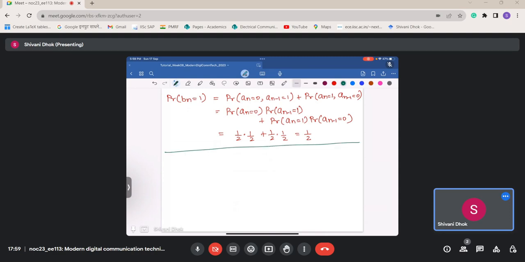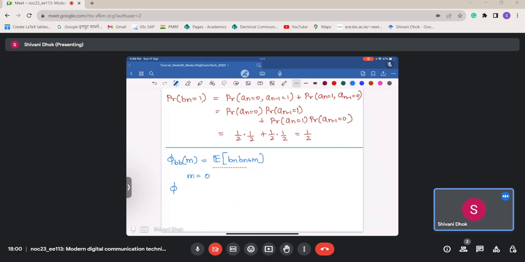Okay. Now let us go back to this phi_BB of m. And this phi_BB of m was simply expectation of b_n into b_{n+m}. Now let's do one thing. Let us look at the case where this m is equal to 0.